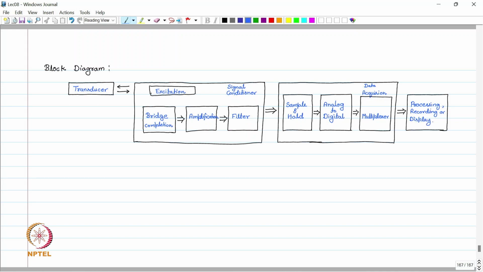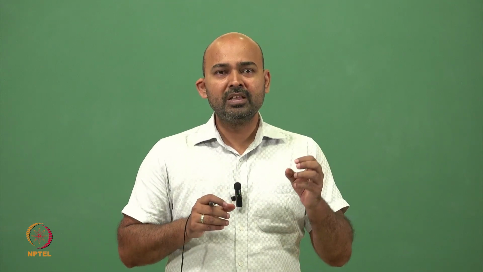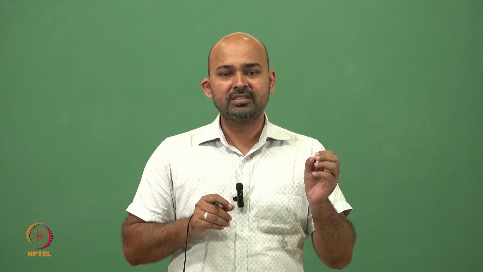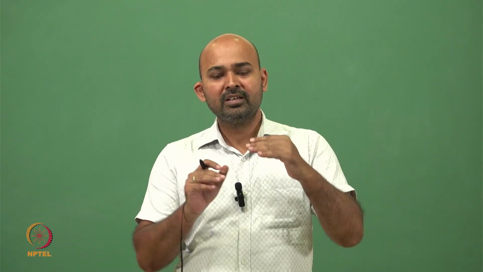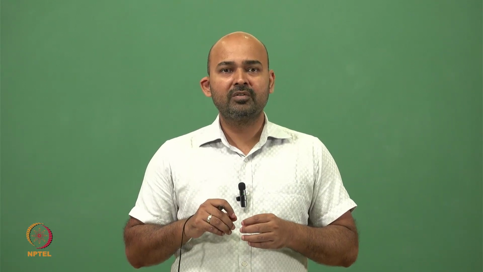So here, once this data, which has already been filtered of noise, is sent to the data acquisition unit, this unit again has basically three parts. The first one is the sample and hold circuitry. This is used to sample the data at certain instances and hold the data during that period, so that this data can be applied to an analog to digital converter.